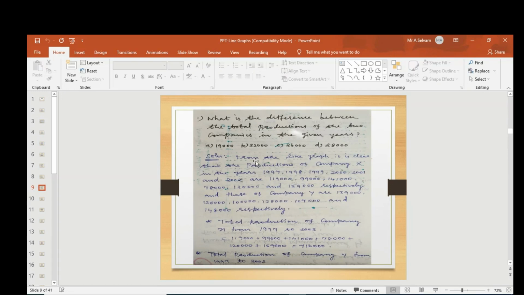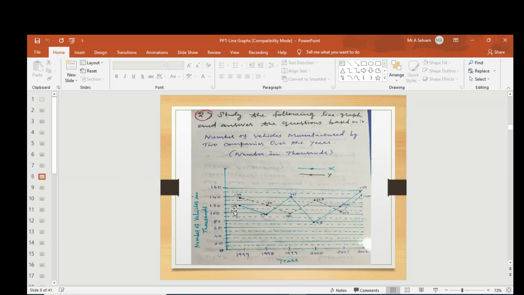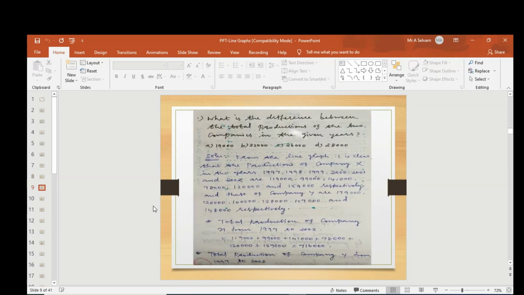Now we are going for the solution. For X manufacturing company, 1,19,000, 99,000, 1,41,000. Likewise Y manufacturing company 1,39,000. Likewise you have to add together. From the line graph, it is clear that the productions of company X in the given years, 1997, 98, 99, 2000, 2001 and 2002, the values we have to find out.